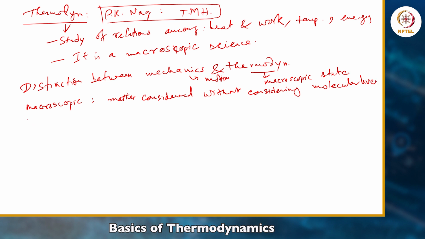Now microscopic: matter is composed of myriads of molecules. For example, you have Brownian motion, where particles are moving. So the discussion will be done through microscopic theories, while here we are discussing macroscopic.